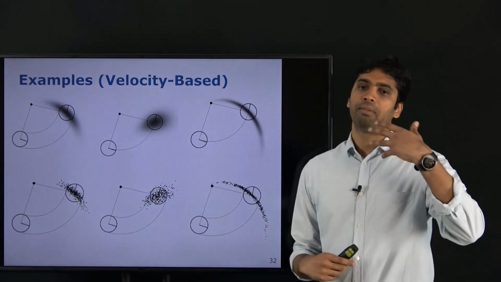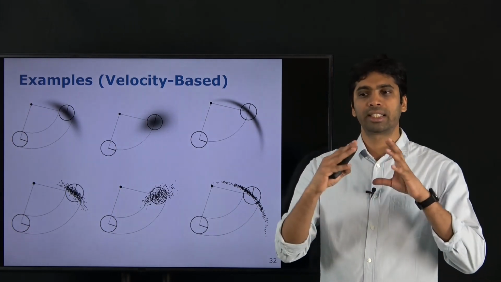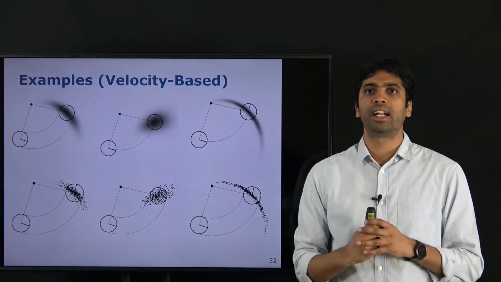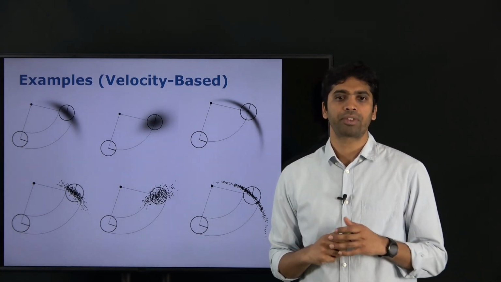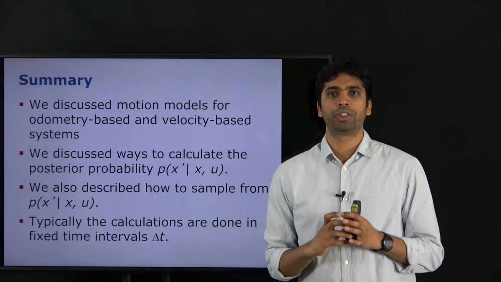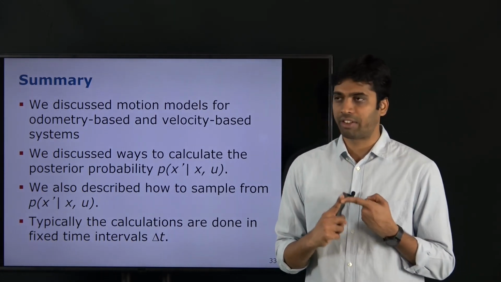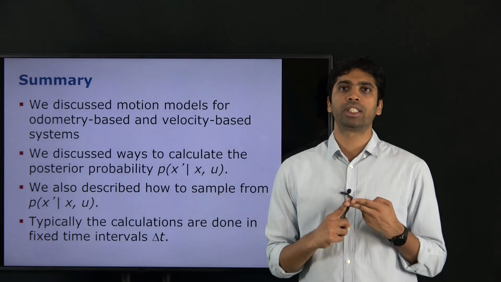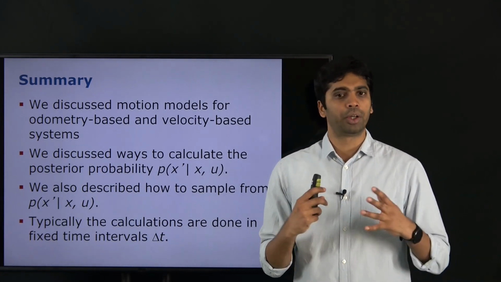And when multiple of these commands are executed, these errors add up, resulting in the drift like we saw in the initial image. So just to summarize, we saw 2 kinds of models: the odometry based models, where we have encoders on the motors, and a velocity-based model where we just know the commands that we gave to the robot.